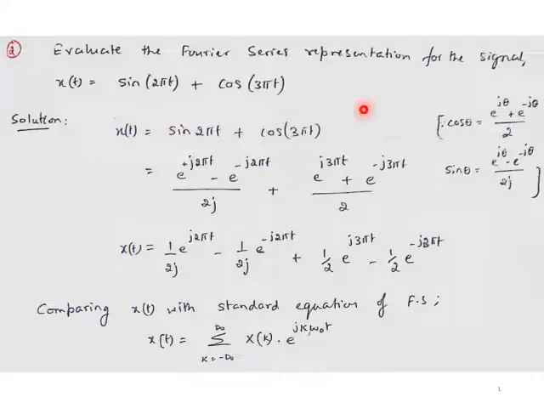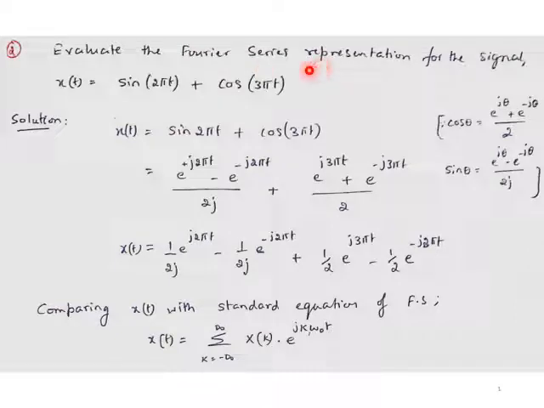So here is the second problem. Its statement is like this: evaluate the Fourier series representation for the signal x of t. The signal is sine 2 pi t plus cos 3 pi t. There are two signals, sine and cos, with summation. So I have to find the Fourier series representation.